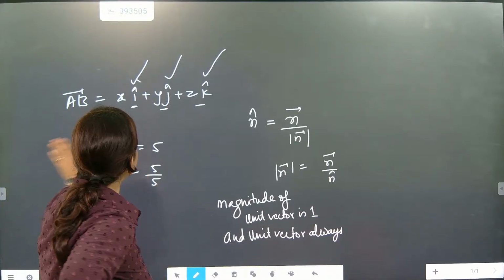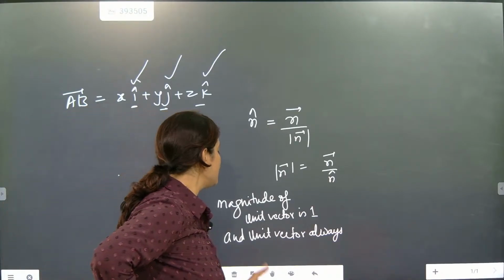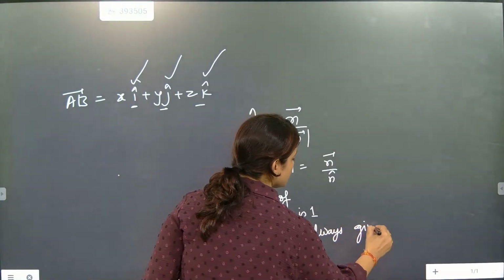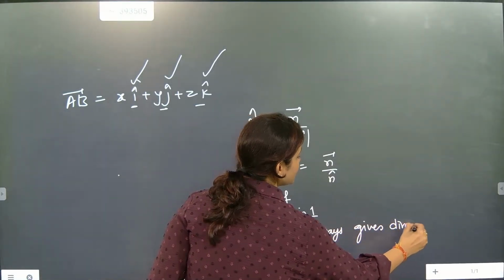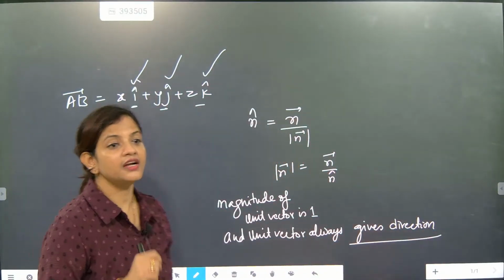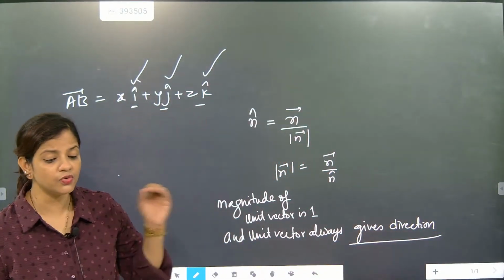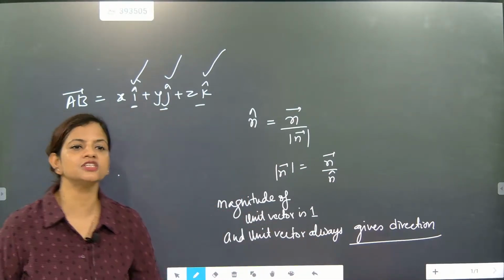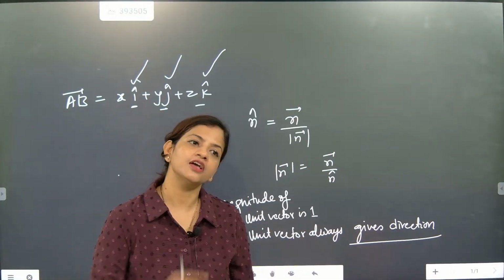So this is the most important section, beta. So a unit vector always gives what, beta? Direction. A unit vector is always giving direction. So we are implementing a unit vector just to give direction. Wherever direction is missing, what do we implement? A unit vector.